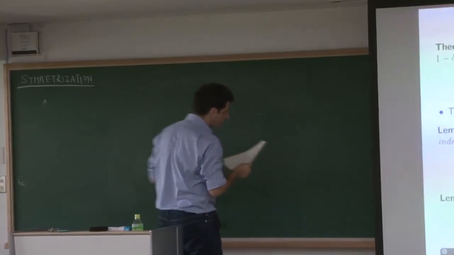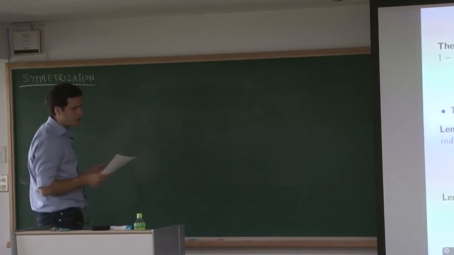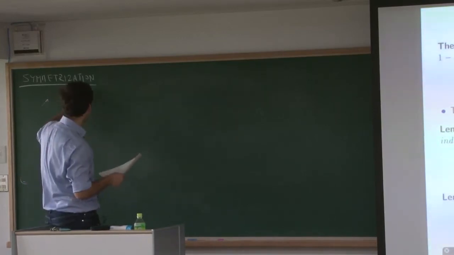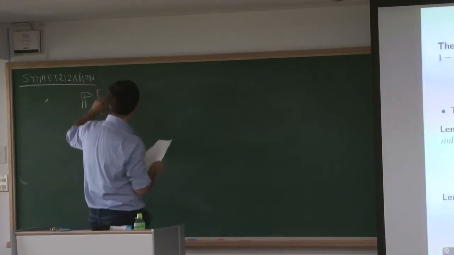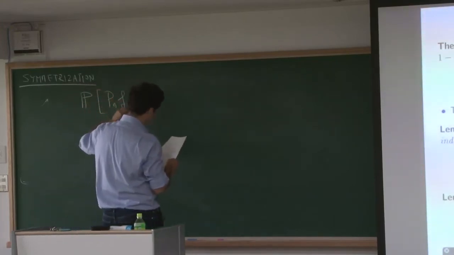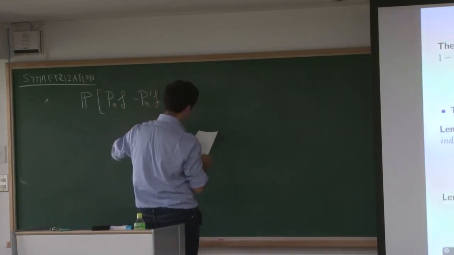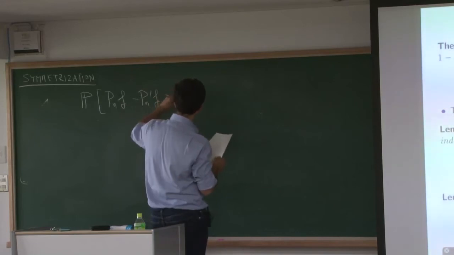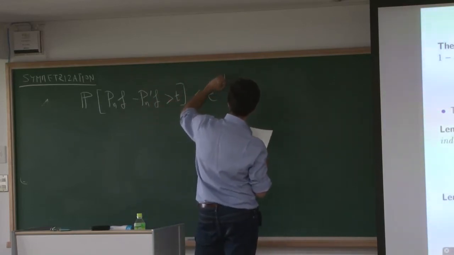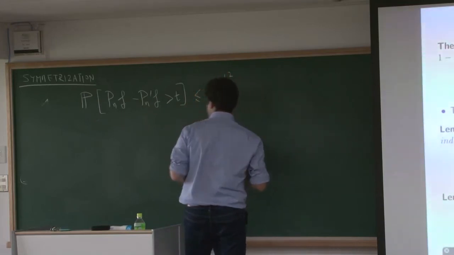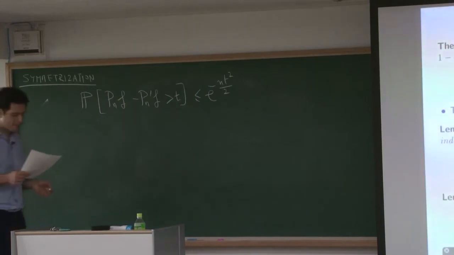So what we can now use is, well, here I'm assuming that you can reuse Hoeffding's bound in a slightly different way, which is the probability with respect to the first sample, the deviation with respect to the second sample, the fact that this is bigger than t is smaller than exponential minus nt squared divided by 2. So this is a slightly different version of Hoeffding's bound.